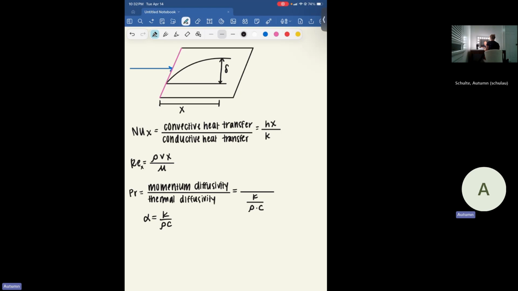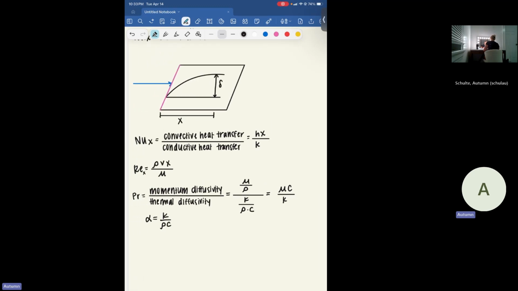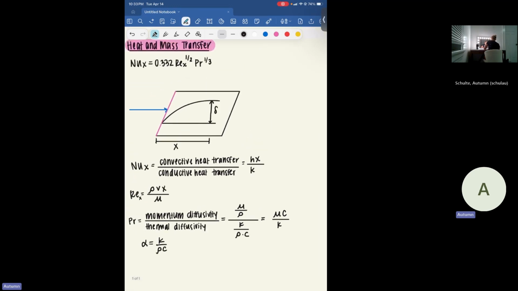And momentum diffusivity, we talked about a little bit in homework 1, and that was the viscosity divided by the density. And if we divide these out, you'll see that this becomes the viscosity mu multiplied by the heat capacity C divided by our thermal conductivity K. So now we can plug in all of our values.